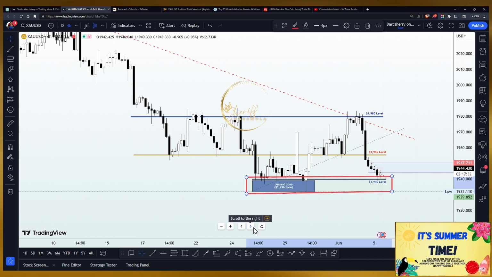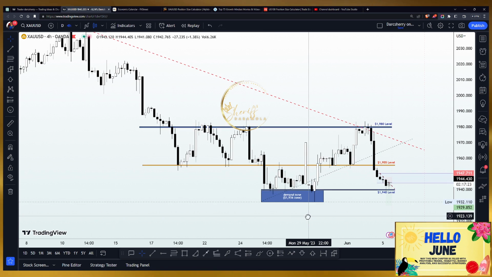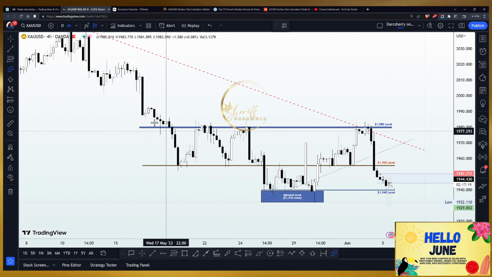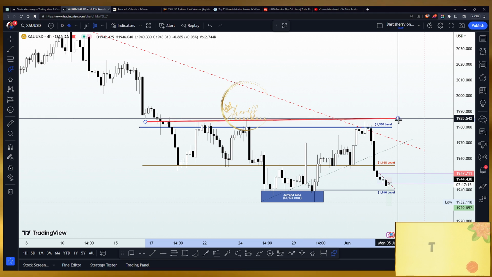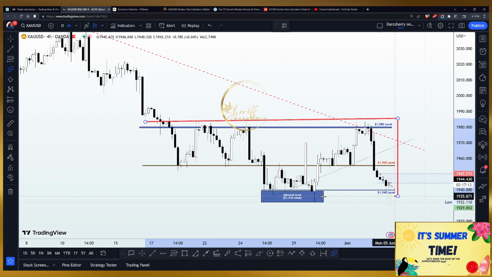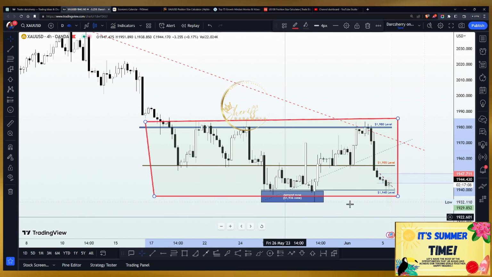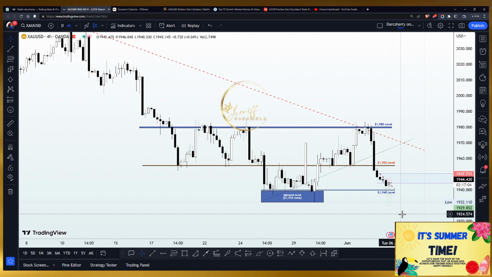As a result of this negation from buyers, we are yet to find a lower low that will confirm the strength of the sellers in this market. And as a result of this rejection around the 1,940, we have an indecision phase here where price action has been trapped between the 1,980 and the 1,940 since the second half of the month of May, giving us an indecisive phase in this market.